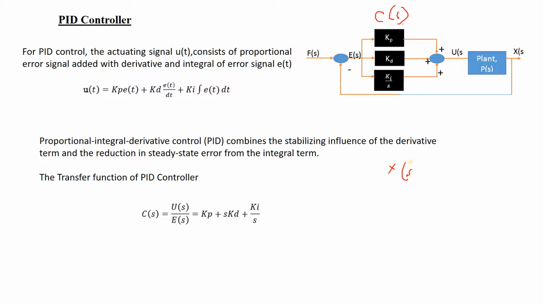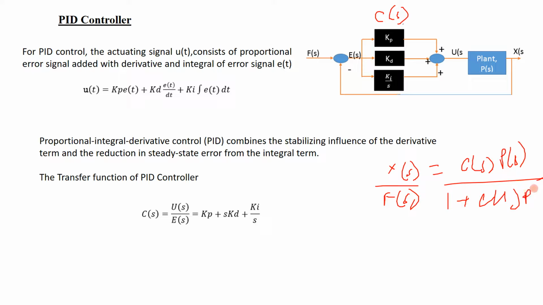We will use our own concept that we have done: Xs by Fs, the way we were doing, equals CsPs by 1 plus CsPs.